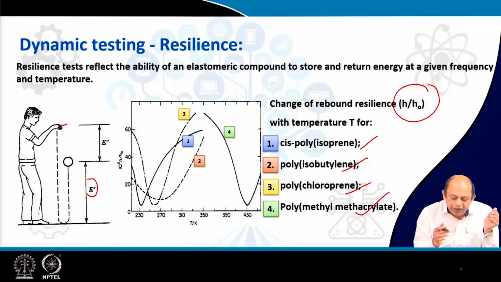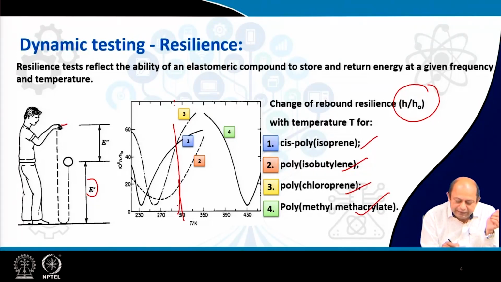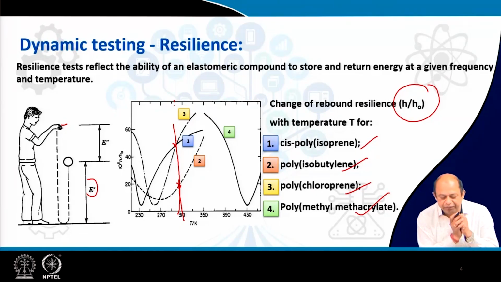If you consider room temperature, if you just draw a line here, you can see that this h by h0 ratio is obviously different. Of course, this point is the same at that particular temperature, but mostly they are different at different temperatures.